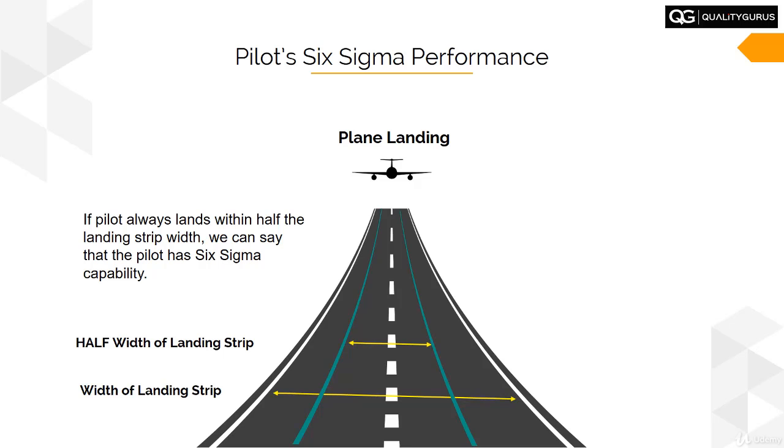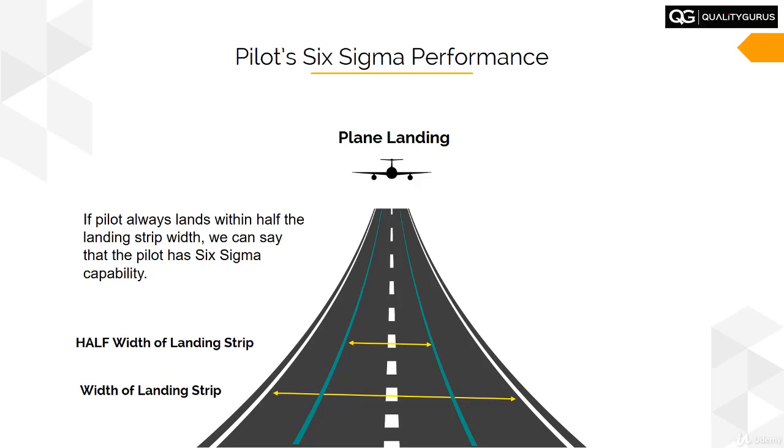In Six Sigma, if the pilot uses half of this landing strip for the landing, the center half, the middle half of the strip, then we can say the performance of the pilot is Six Sigma performance. What this means is the pilot is using just half of the allowance he has.